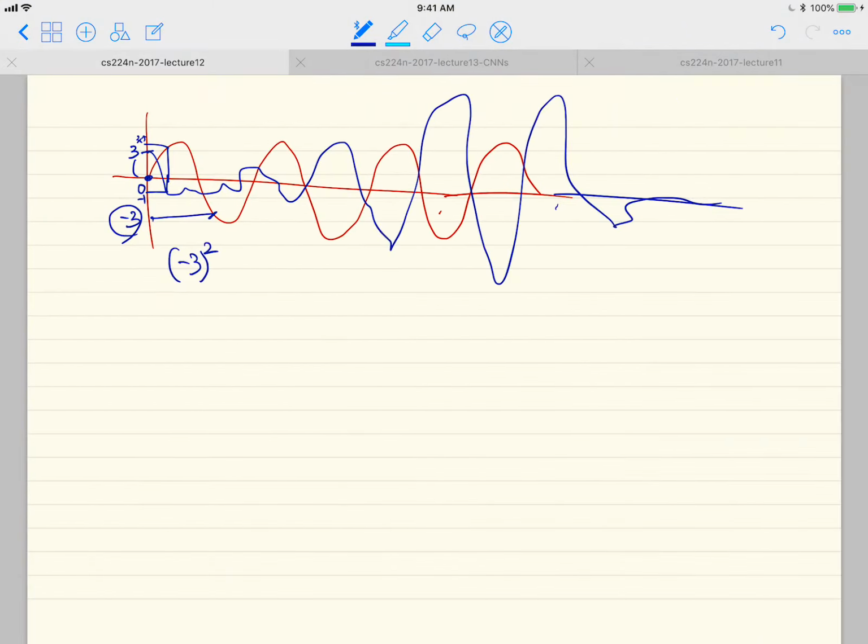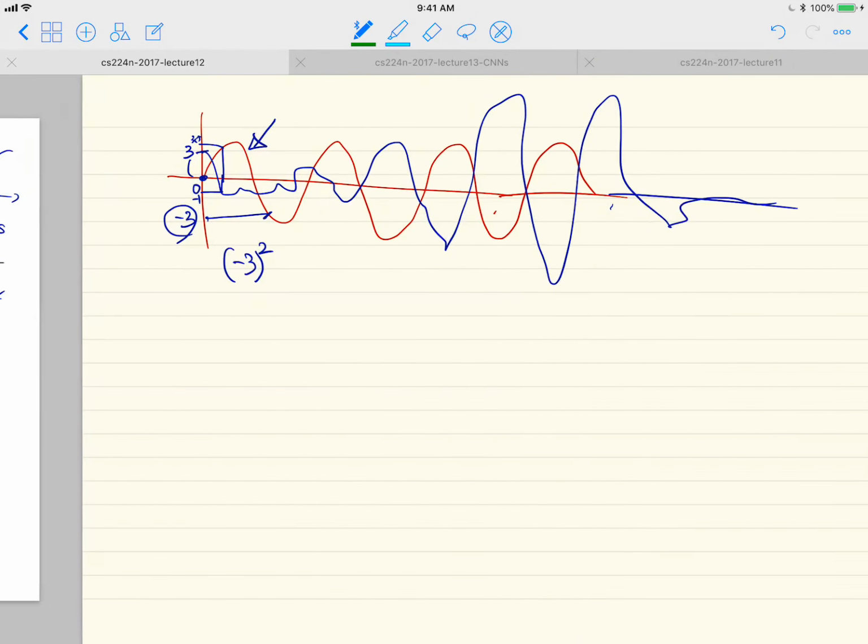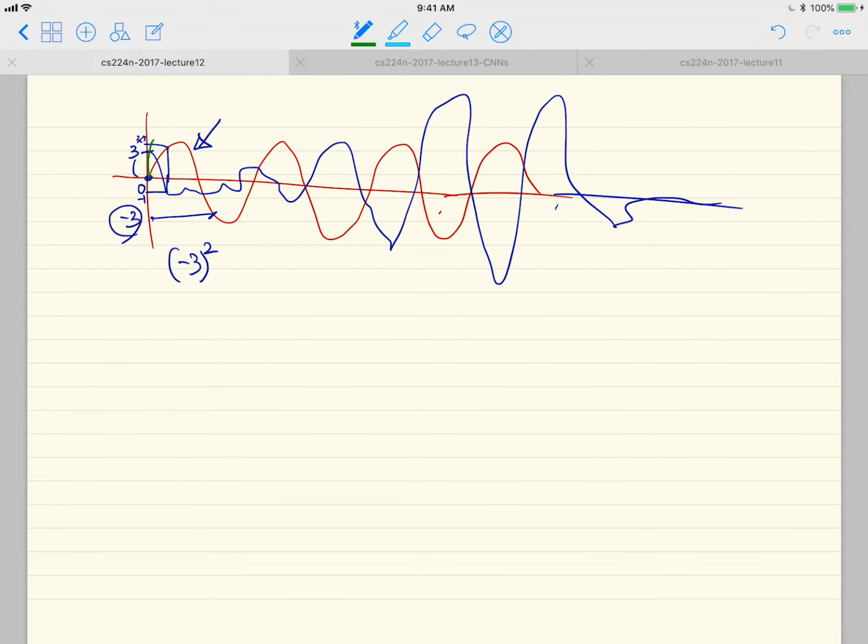But our convolution filter is not this red one, but it has much more frequent, I mean, it has twice the hertz or frequency, and thus this is sometimes a little difficult to draw, but okay, something like this, right?